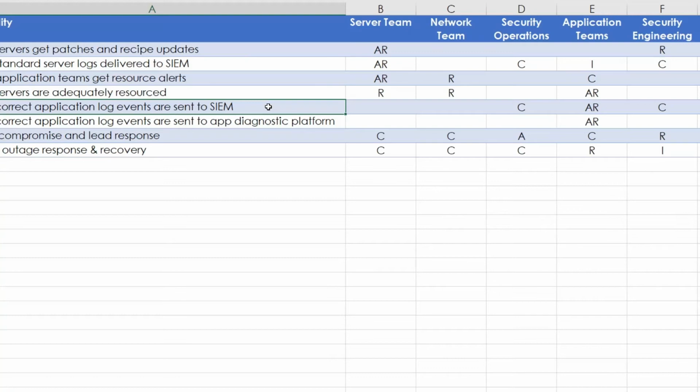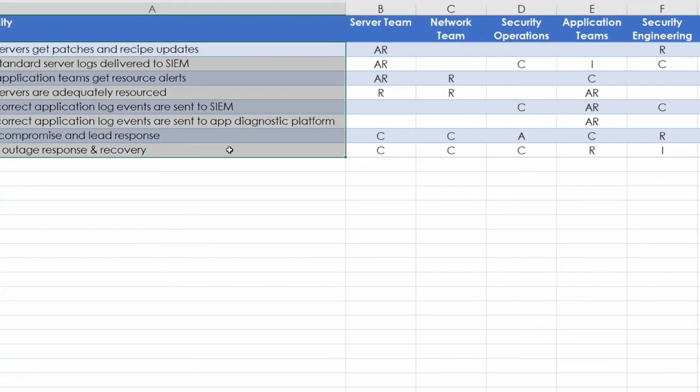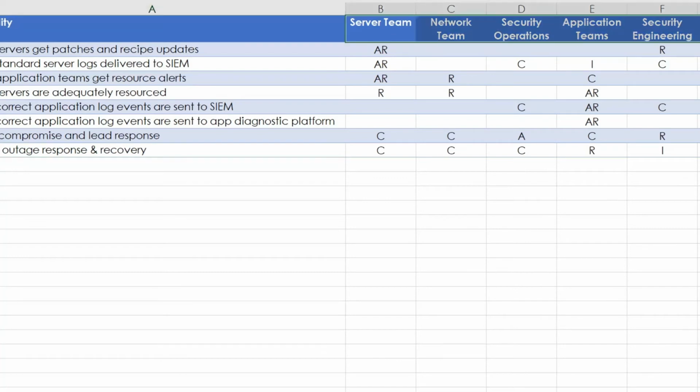So RACI is another acronym. You run the things that are important down the side, what you would call the accountabilities. You are making sure this thing happens. And then you have the teams that are involved along the top. And at their intersection, you can choose one of 4 letters, R, A, C, and I.